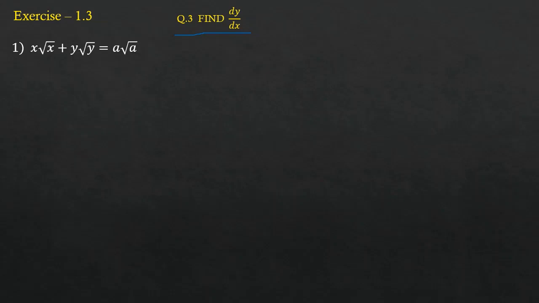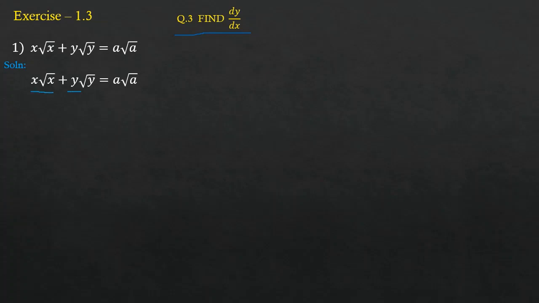So we'll start. The question is x root x plus y root y is equal to a root a. As you can see, the question is not in the form of y equal to a function of x. So we write down the question as it is and modify this x root x. This x root x can be written as x raised to 3 by 2.